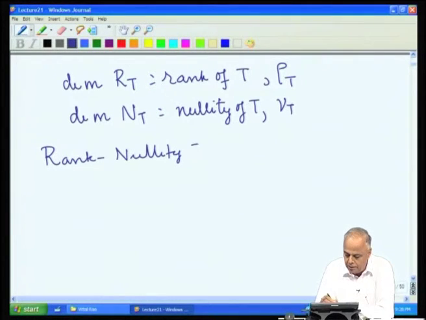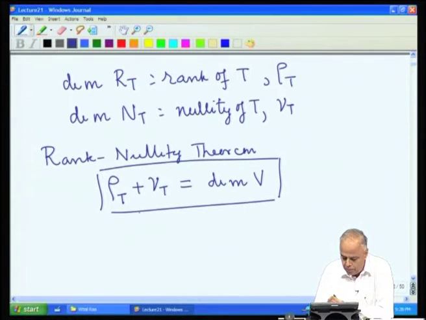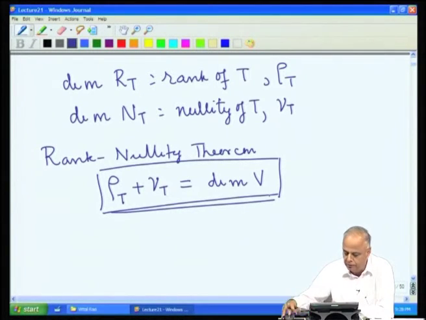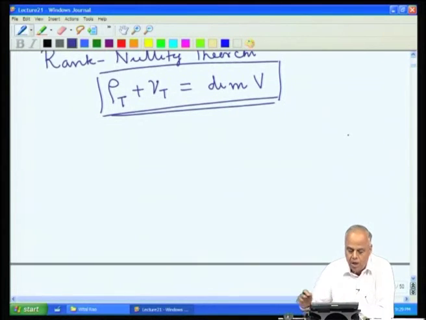The rank nullity theorem gave us that the rank of T plus the nullity of T is equal to the dimension of the domain space V. This is one of the most important theorems for linear transformations, and it gives us much information about how to construct a basis for the range of T and the null space of T.